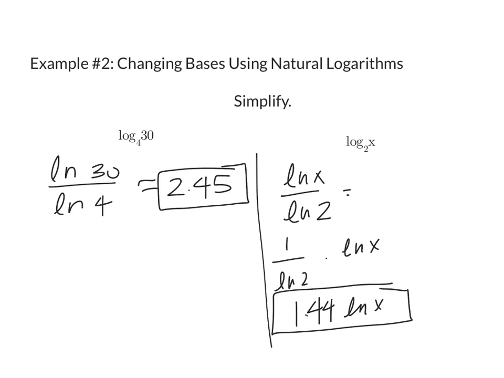And that is our answer. The only difference between this second answer and what we got last time is the use of natural log versus log base 10. Remember, natural log is really log base e, which is 2.718 and so on, and log base 10 is just log base 10. So it's a little different in the way it looks as an answer, but as values, they are the same.